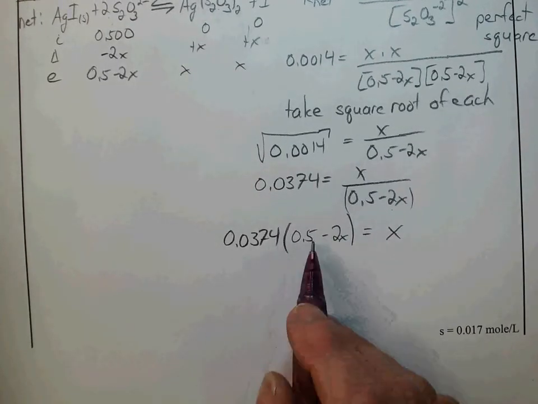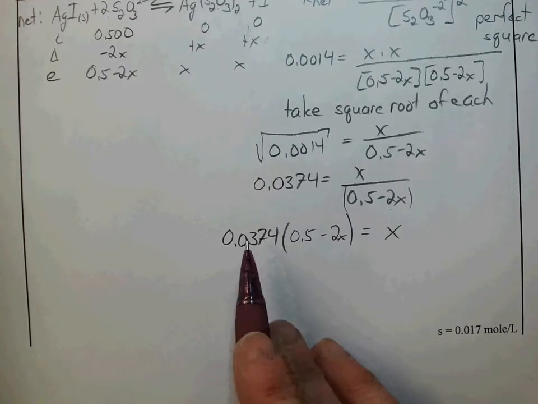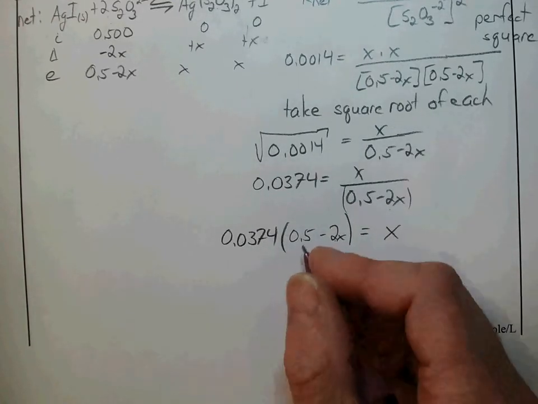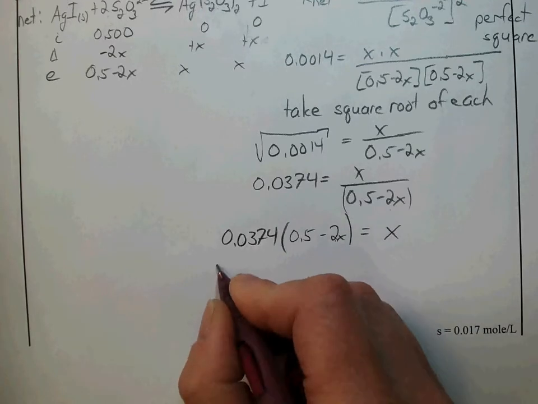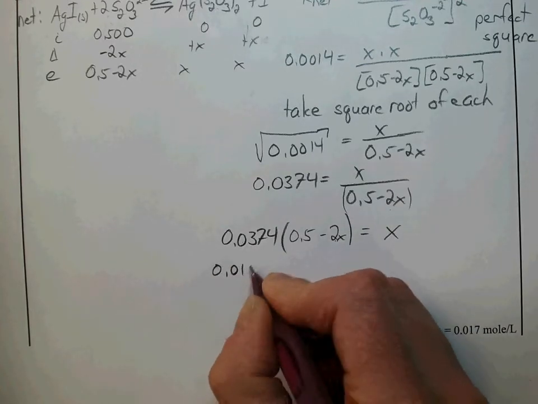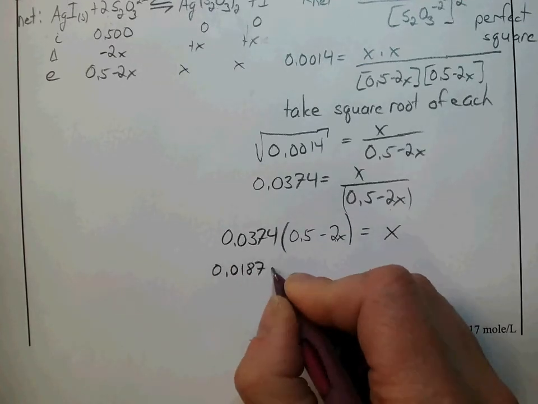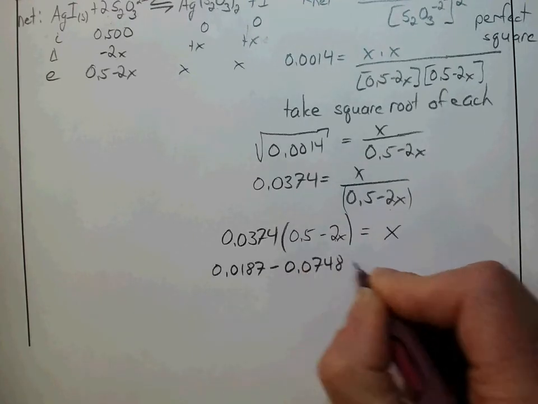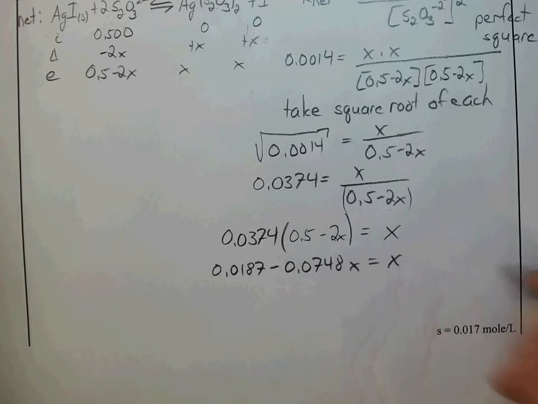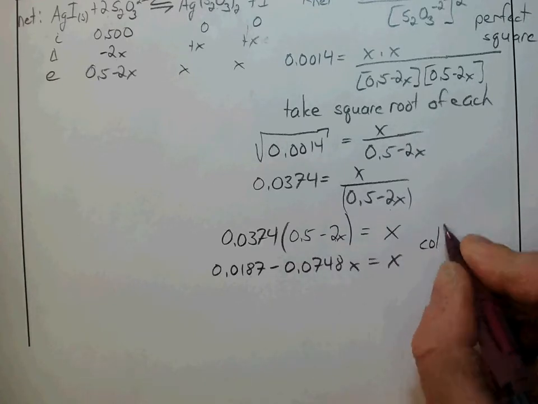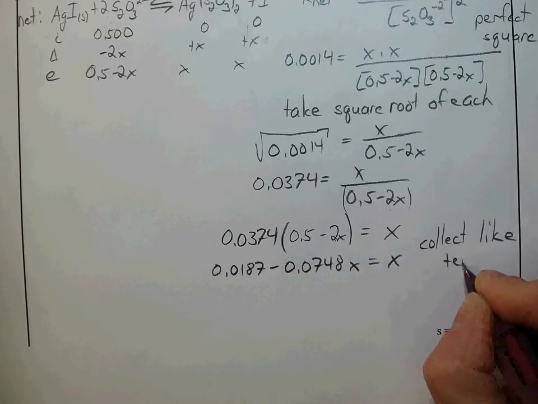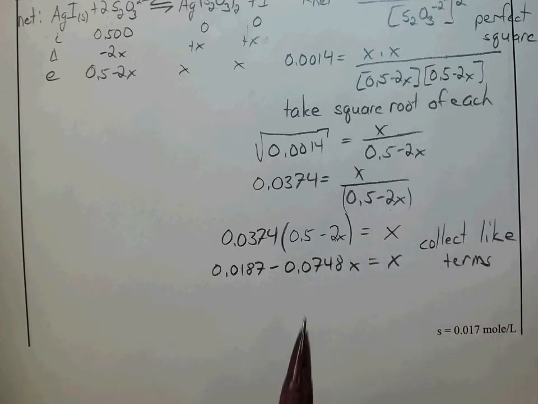So we have to use the distributive property to multiply this times this minus this times this. So this is 0.0187 minus 0.0748 times x is equal to x. Now we collect the like terms, which means that all values of x need to be on one side.